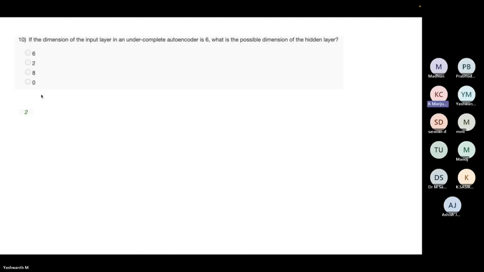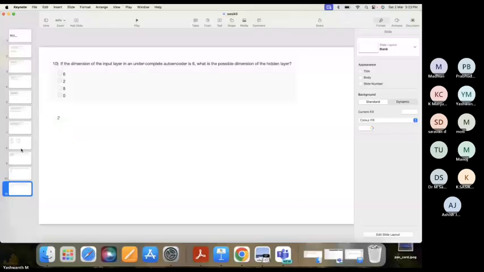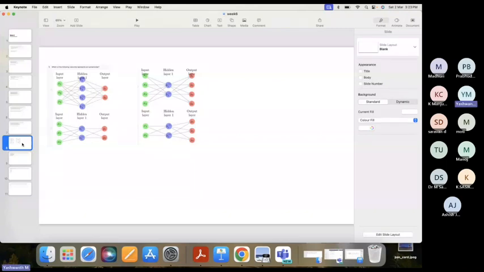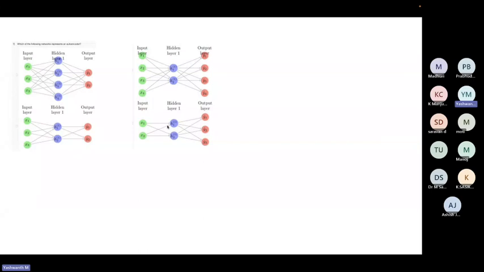Can you repeat 7 and 8? 7, it is pretty obvious, right? What is the problem with 7? What is an autoencoder?